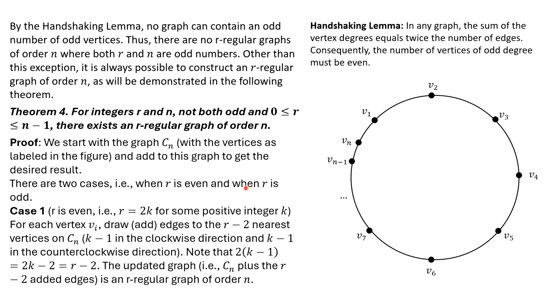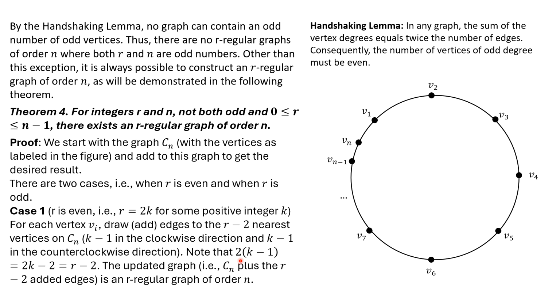So if r is even, basically we split it in half. We can write r as 2k, and then we add k minus 1 additional edges, say from v1 in the clockwise direction, and then k minus 1 additional edges from v1 in the counterclockwise direction.